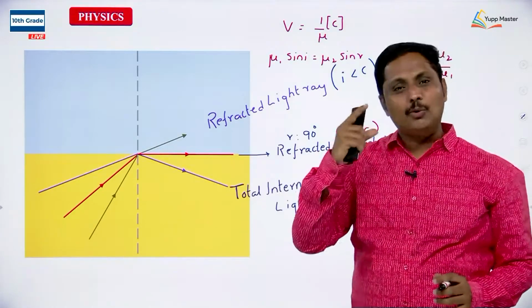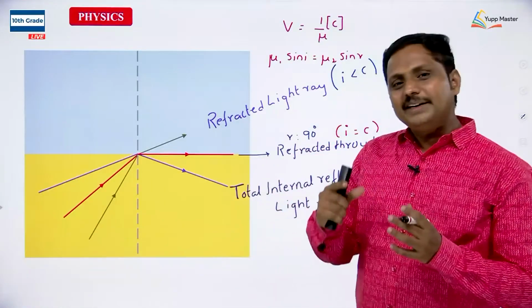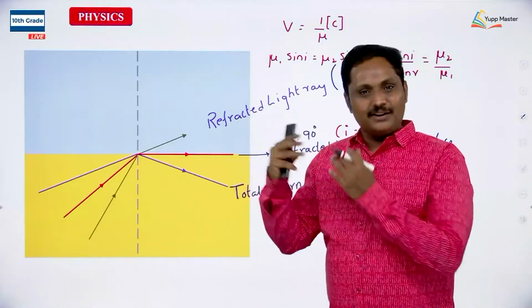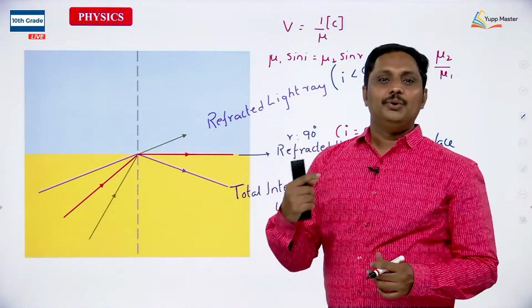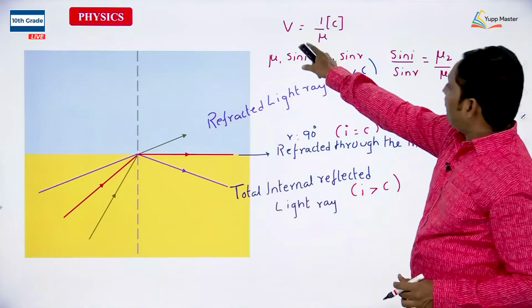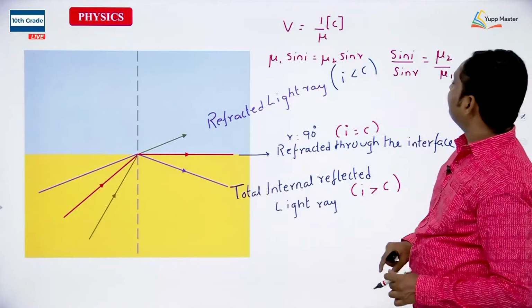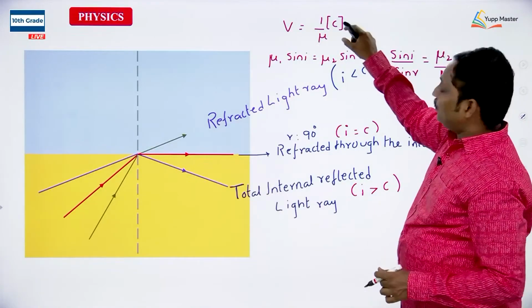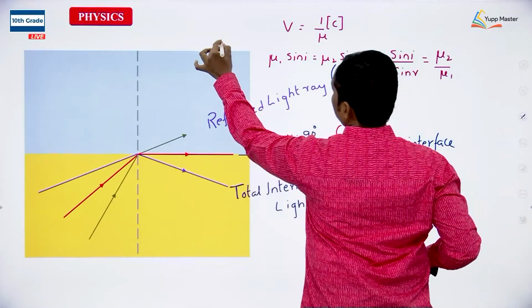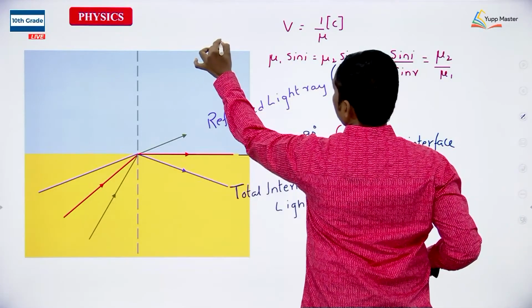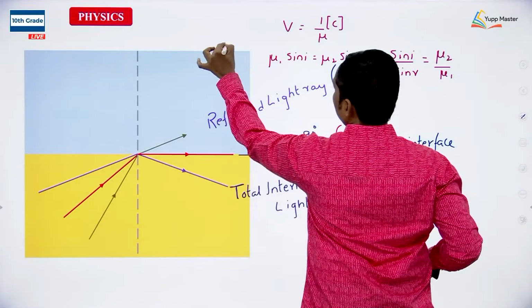If you talk about the refractive index, it tells how many times the speed is reduced. So V is the speed of light in that medium and mu is the refractive index. If you take the glass material, the refractive index is 1.5.